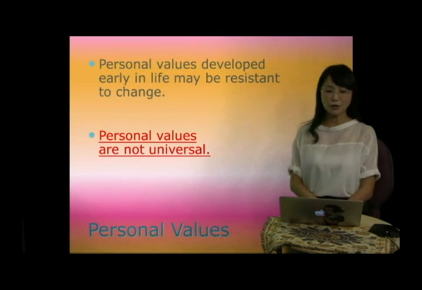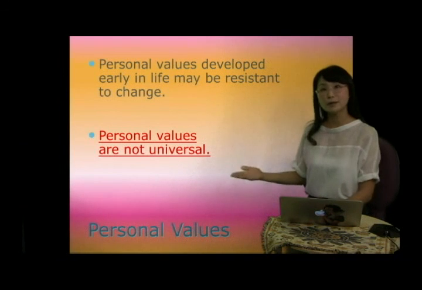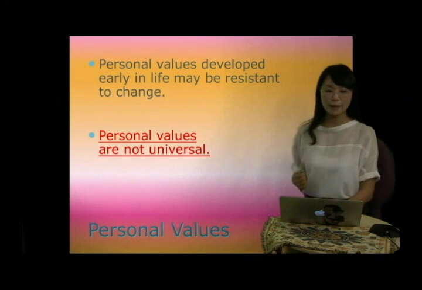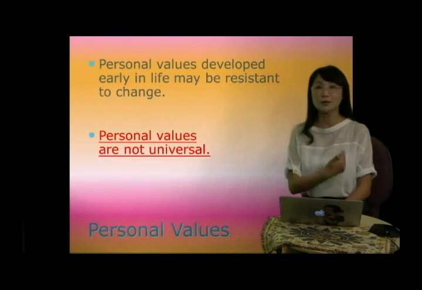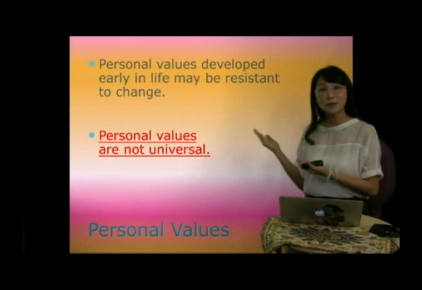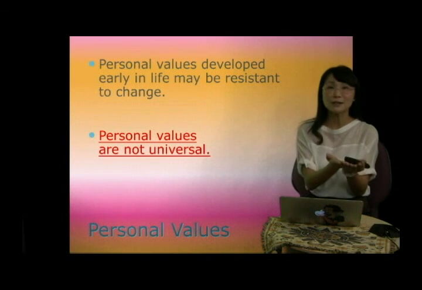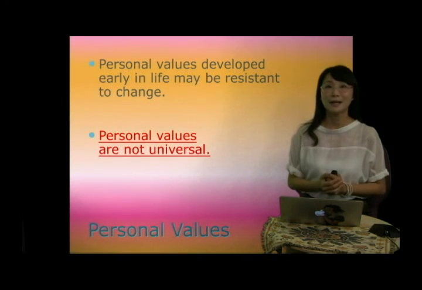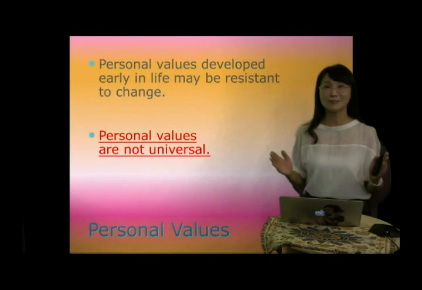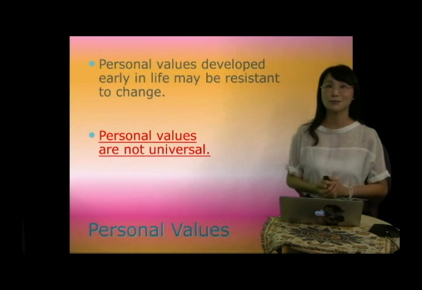Everyone's family, nation, generation, and historical environments help determine one's personal values. So it means that if the other person comes from another family, another nation, a different generation, they can have their own personal values. And their values may be very different from your values. Therefore, there are no universal values. You cannot expect everyone else to think the same as you do.